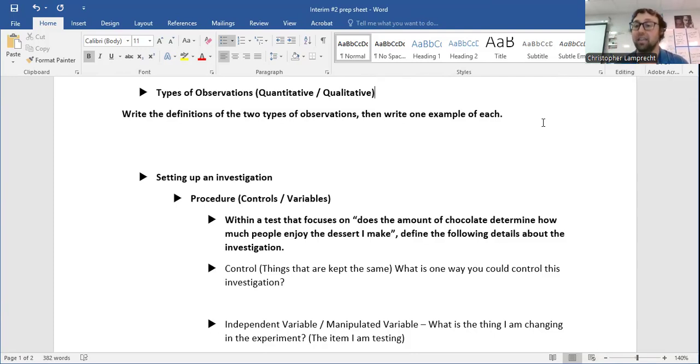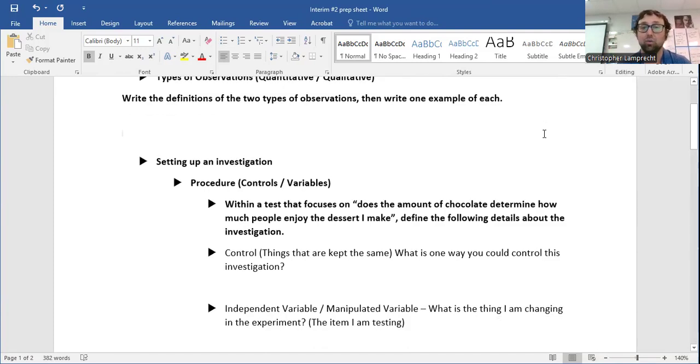It is sunny outside. It is describing a feature of something. So you'll be asked multiple questions where it's going to give you an observation. And really, the key operational definition there is, did it count something? If it did, it's quantitative. If it didn't count something and is describing something, it's qualitative.